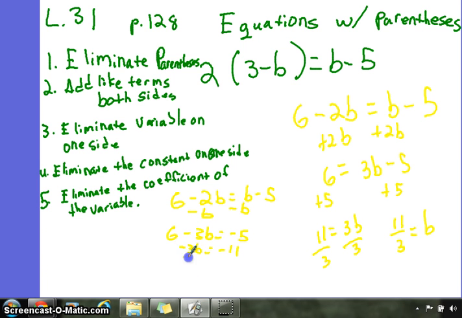And then you're going to divide by negative 3 on both sides to get b equals 11 thirds. It would just be positive because they're both negative. So you still will be able to maintain the same answer.